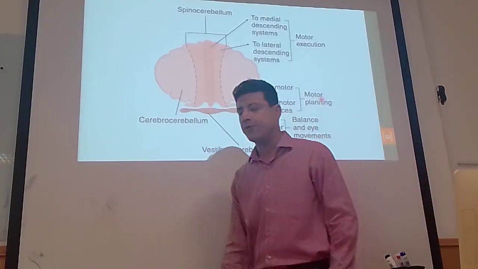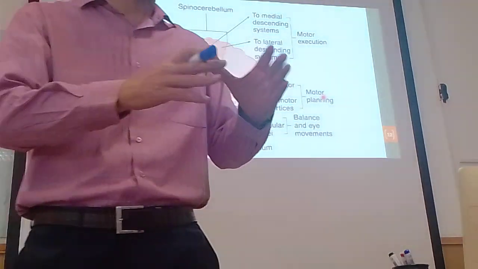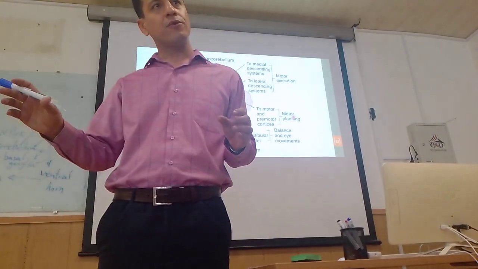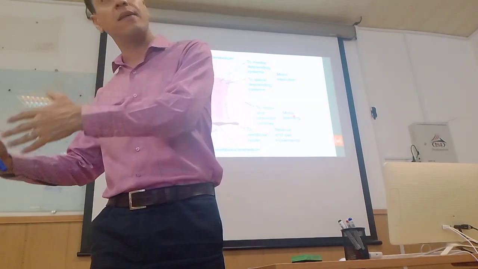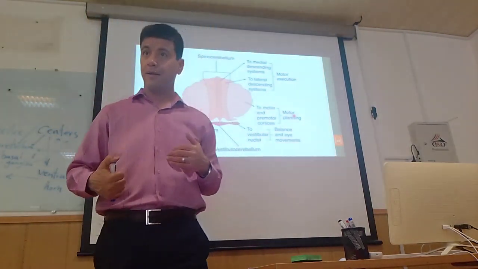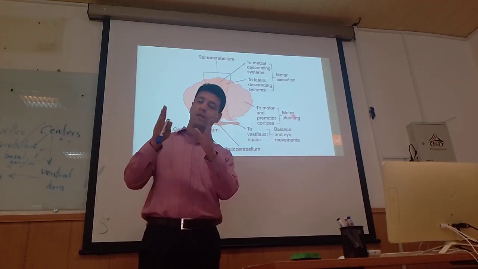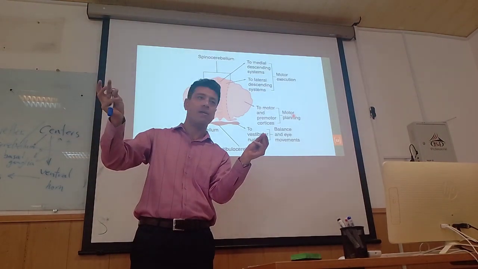Remember, I told you that premotor cortex, supplementary motor cortex is mainly involved in planning of the movements. But the primary motor cortex is mainly involved in execution or performing the movements, right? So premotor cortex, supplementary motor cortex is involved in planning. Cerebellum is connected with these areas.